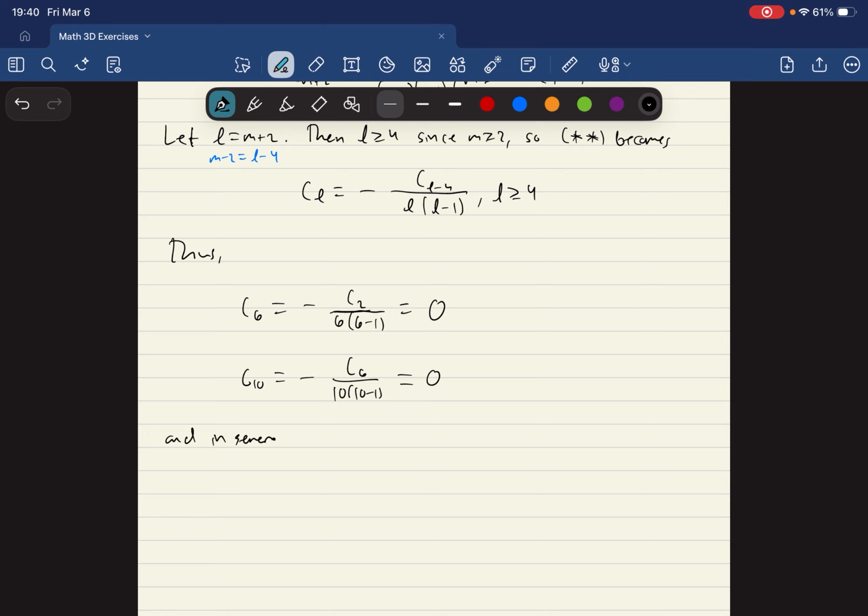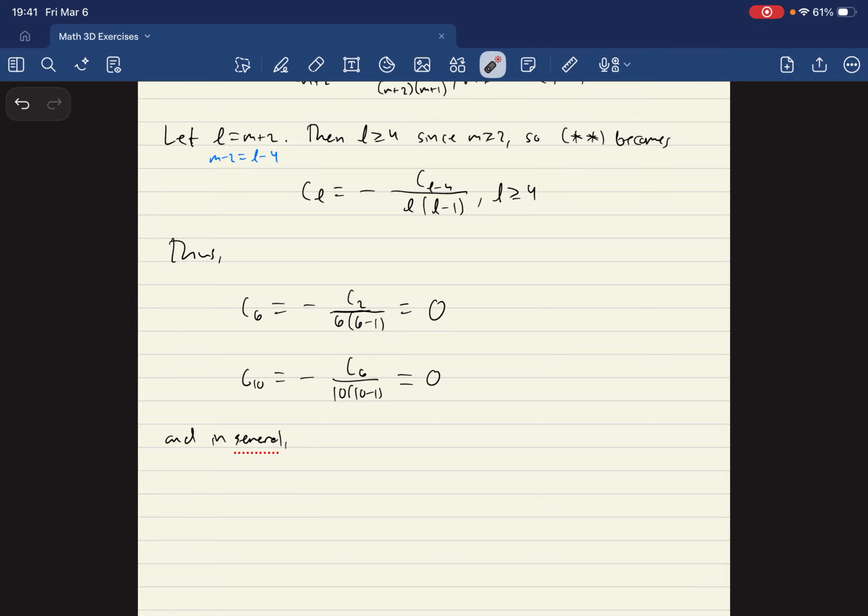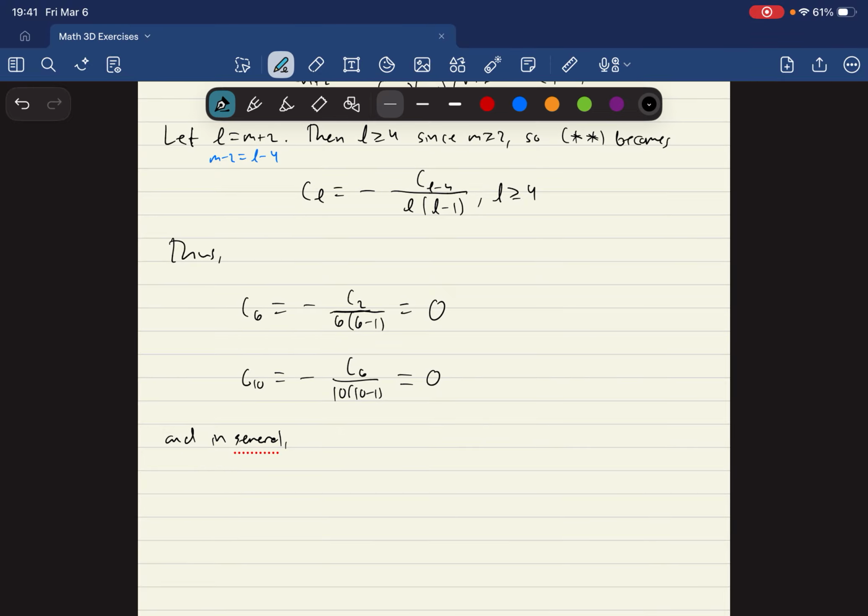And in general, if we continue the pattern, we're adding multiples of 4 to 2. So this tells me that C of 4n plus 2 equals 0 for all n bigger than or equal to 0.